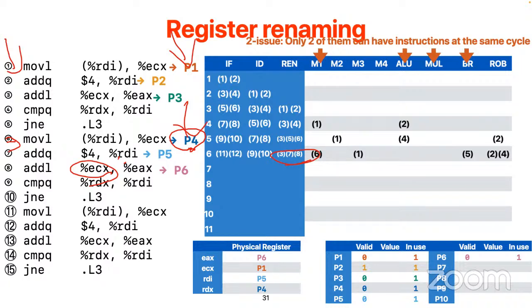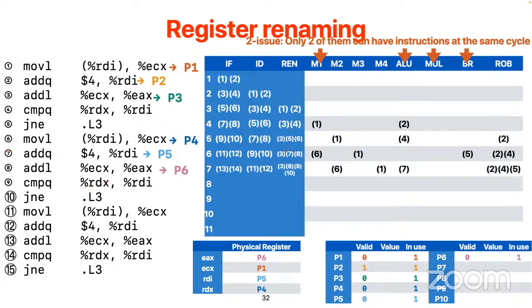Never mind. At this time, instruction 3 still cannot be executed. So we have to wait for at least instruction 1 to finish its M4. In the next cycle, we can put 7 in execution, and in the meantime, 1 and 6 also make progress in their memory pipeline.